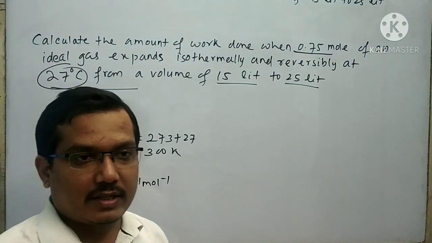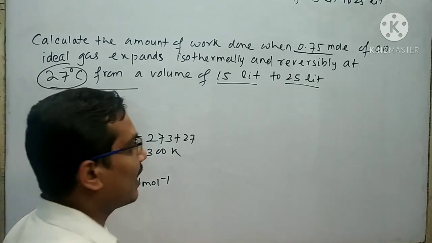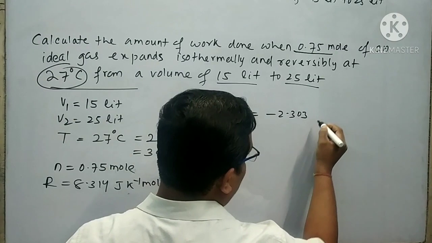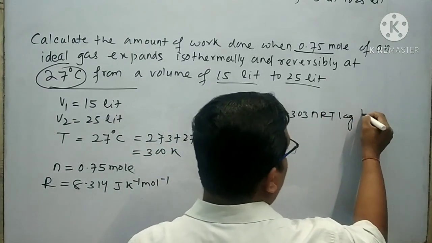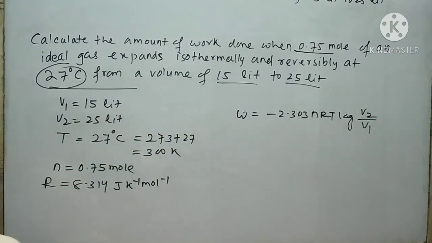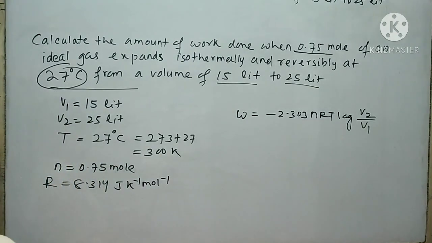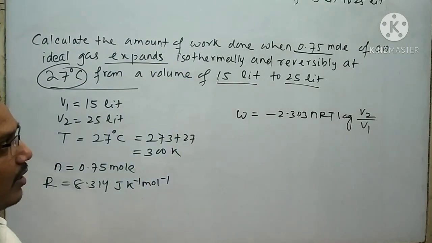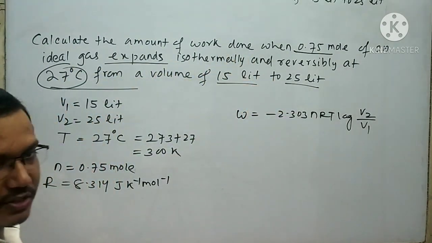We know that for isothermal expansion of an ideal gas, W equal to minus 2.303 nRT log of V2 by V1. We know two formulas, one for expansion, another for compression. Here the word expand is written: ideal gas expands isothermally and reversibly.